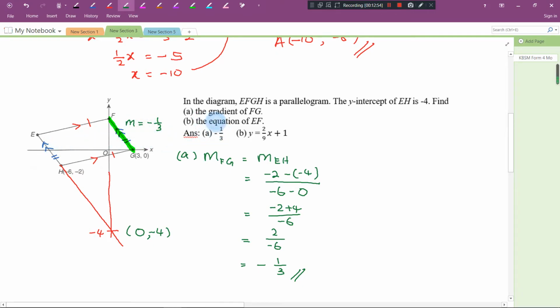Now I want to find the equation of EF. Always remember, when you want to find the equation of a straight line, you need 2 things: gradient and 1 point. So how to get the gradient of EF? We need 2 points in order to get the gradient.